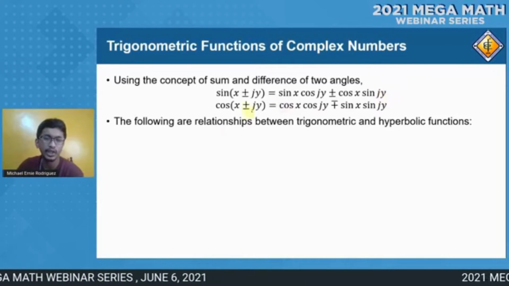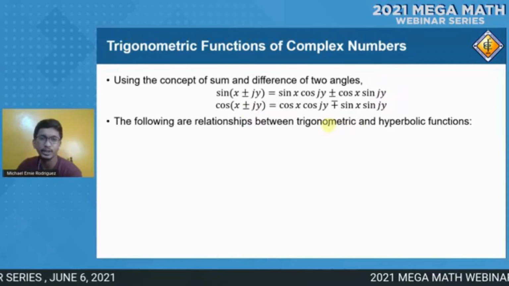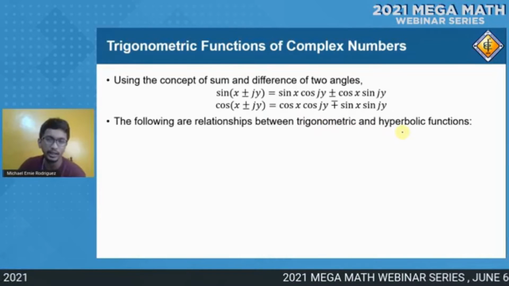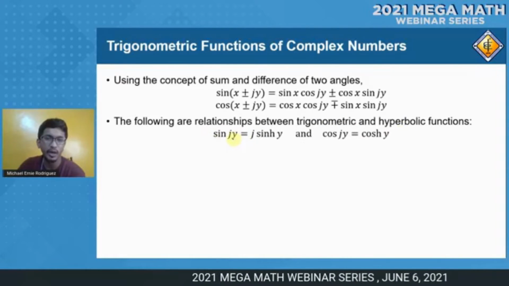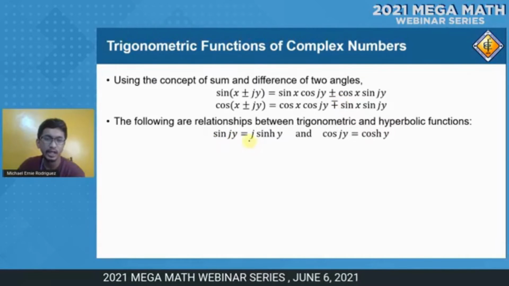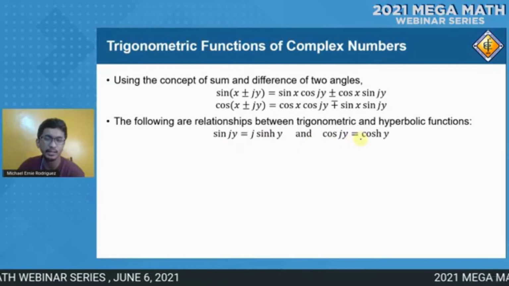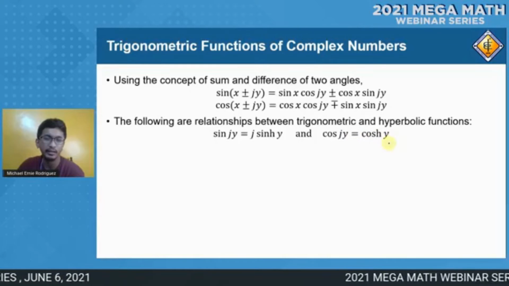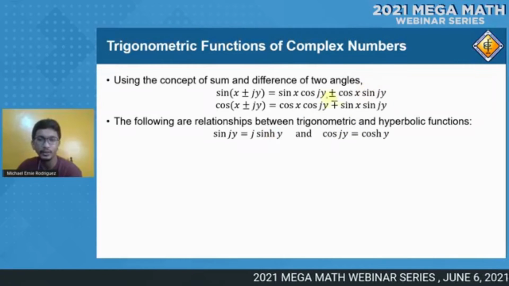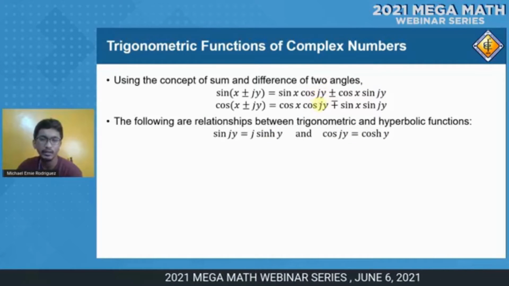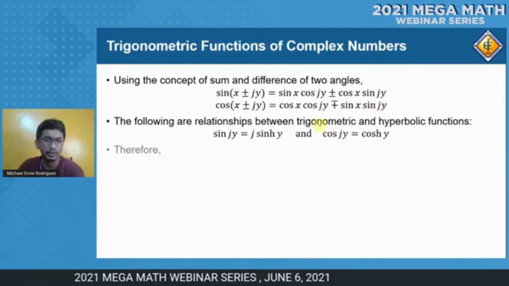So, our relationship between trigonometric and hyperbolic: we have sin jy, okay? That is j hyperbolic sine of y. And your cosine jy is hyperbolic cosine of y. Let us substitute this here. So, there are j's here.